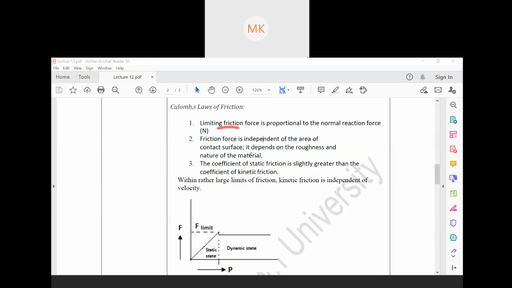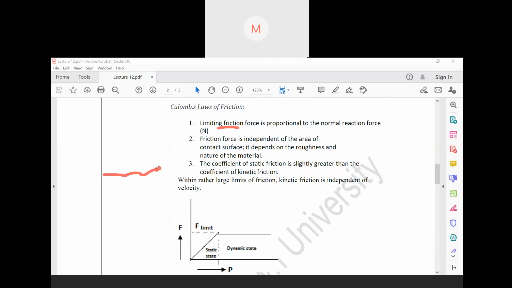So this is not dependent on the area, but it is dependent on how rough the surface is. I'll give you an example. If you try to walk over tiles, what happens? Your legs sometimes try to slip. But if you try to walk over a rough concrete road, your feet do not slip.